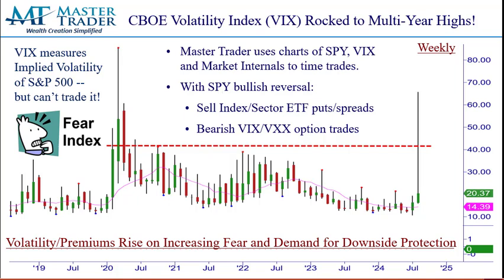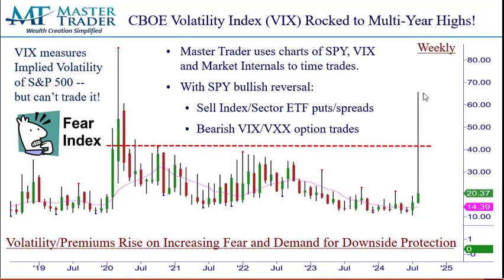And then our strategy is to sell puts or put spreads on these index or sector ETFs. We did them on many sectors, like the semiconductors, for example, which are very liquid. We like doing that. And bearish option strategies on the VIX and VXX as an ETF.